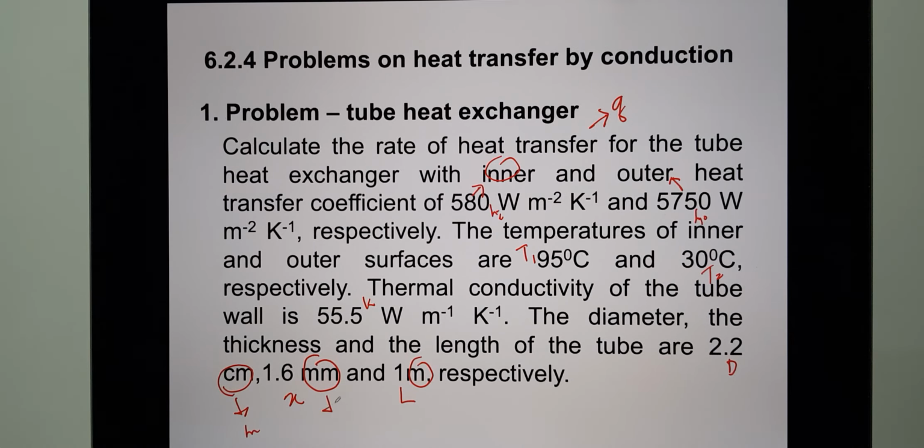This millimeter you need to convert to become meter as well. Of course this 1 meter, then you just leave it as it is.